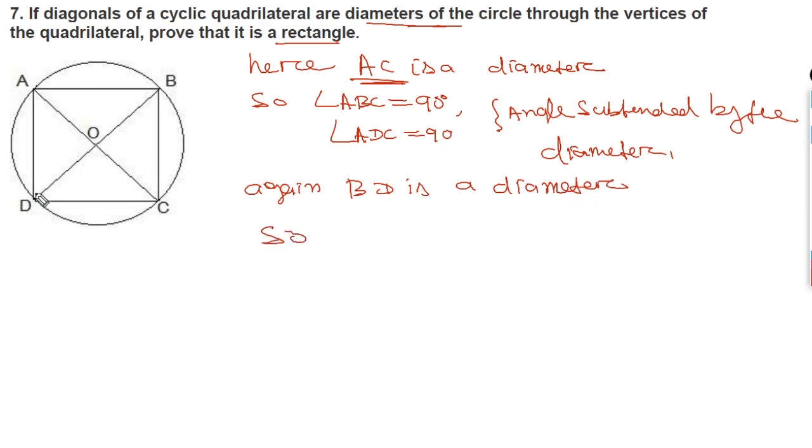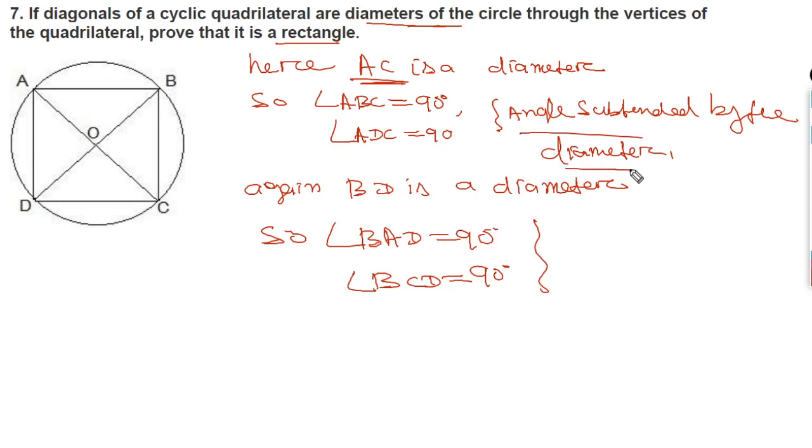So the angle subtended by BD, that is angle DAB or BAD, is equal to 90 degrees, and angle BCD is also equal to 90 degrees. Same reason: angle subtended by the diameter.